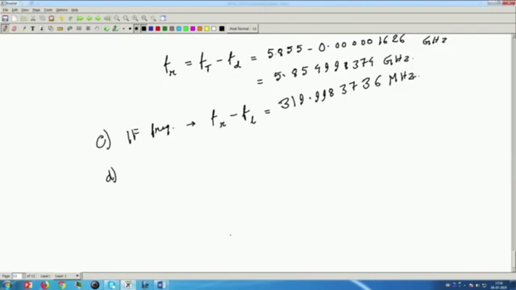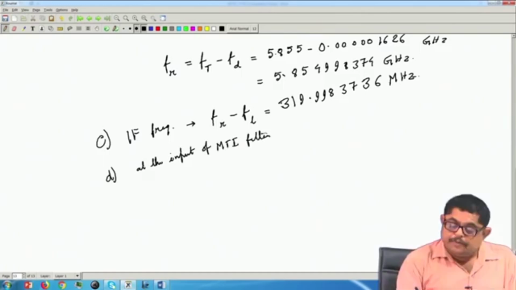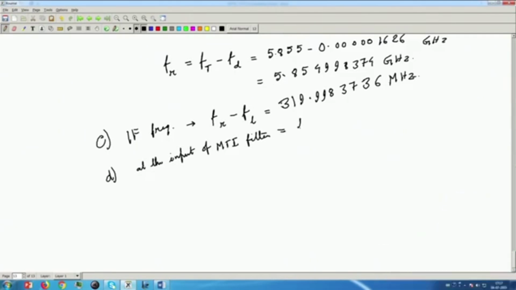And last is, what is the frequency at the input of the MTI filter? That is FIF minus FC.